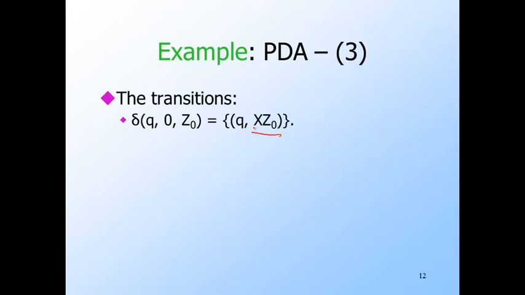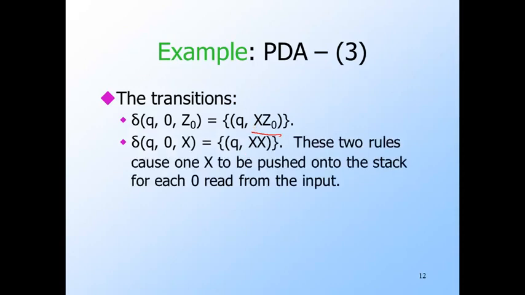Remember that stack strings are written with the top at the left. We remain in state Q as long as zeros appear on the input. After the first 0, each additional 0 causes the X on top of the stack to be replaced by two X's. Thus, the number of X's on the stack always equals the number of zeros read from the input.